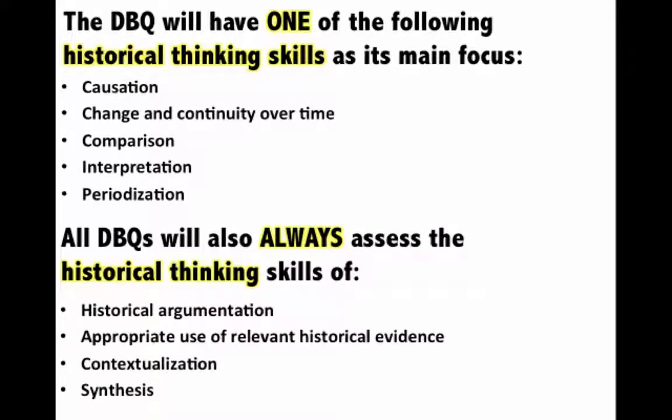Contextualization, you're going to need to do that too. Connecting events in history and making sense of the events going on at the time period that you're talking about. And then finally, synthesis. Connecting the ideas, coming to a greater understanding. So these historical thinking skills are going to be assessed in your writing. We'll get back to that in a moment.